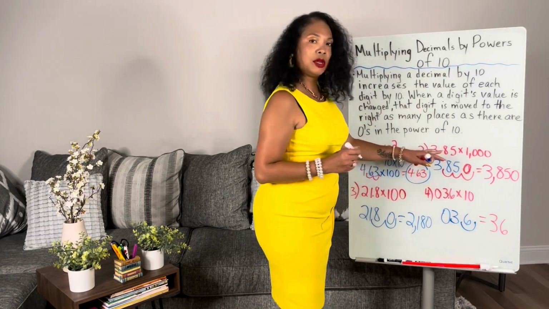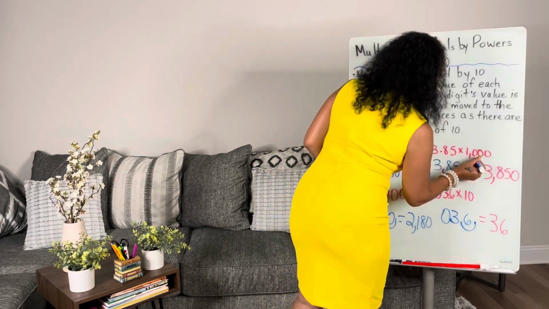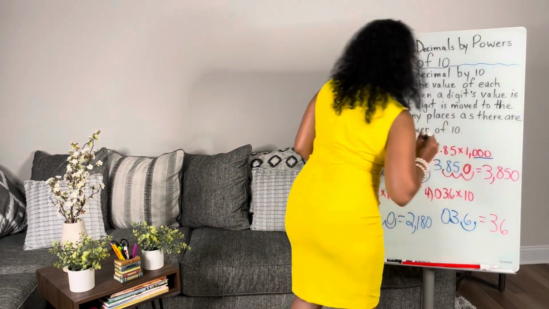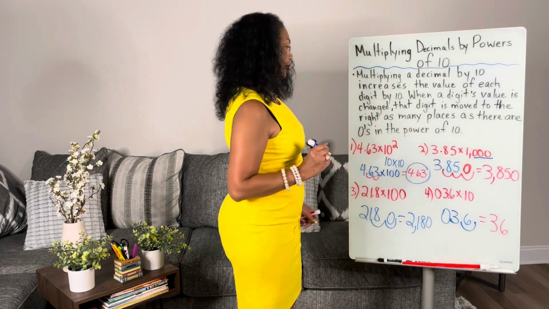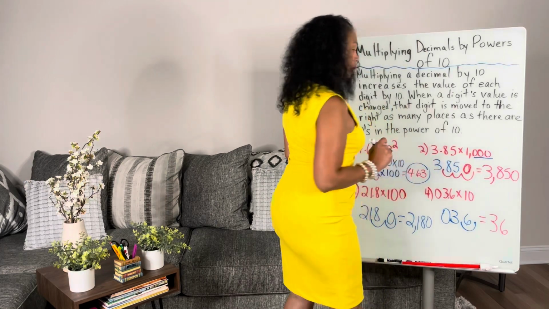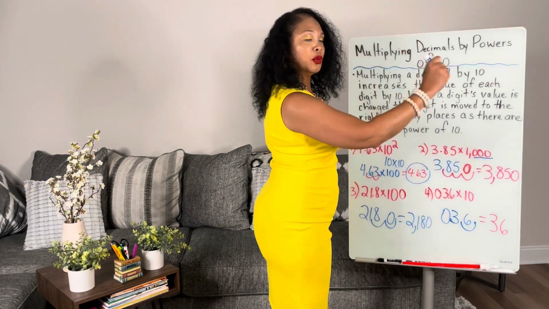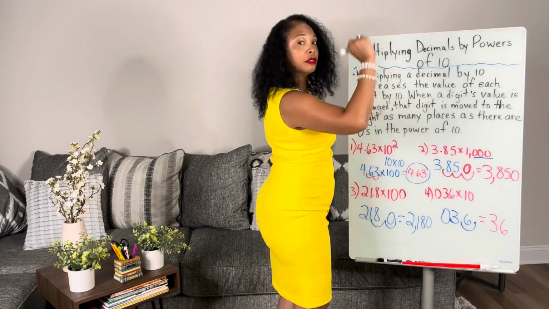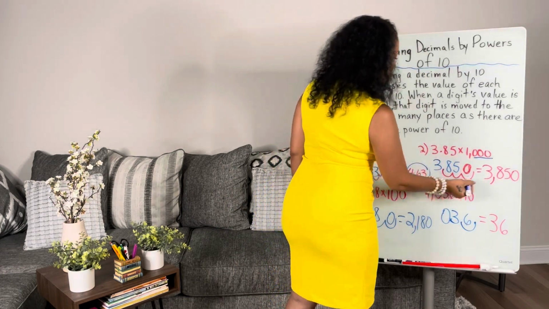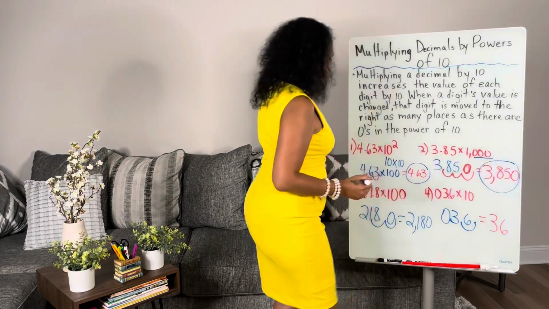The same thing with the other examples. This one multiplied by 1,000, that power of 10, it tells you that there's 3 zeros in that power of 10, and that's the amount of times that we move the decimal, 3 times to the right, and we got the answer 3,850.